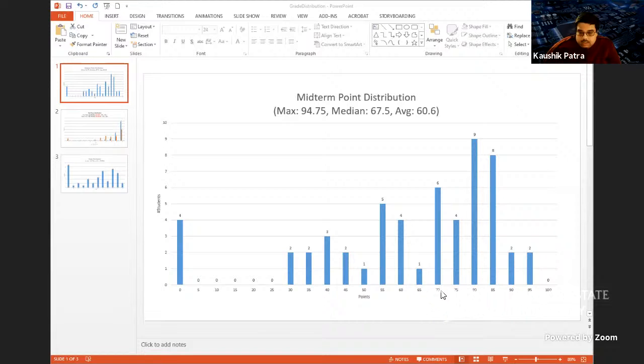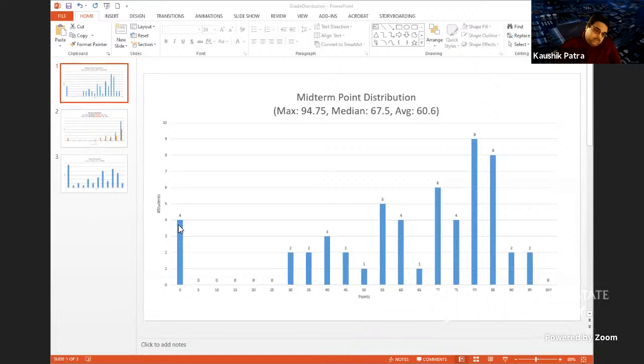Pass marking is at this 70 grade, so this part is your passing grade part, right? Which is about what, 6, 10, 19, 27, 30, 31. So maybe I think 52. About 60% of the class passed, and then we have 4 people.